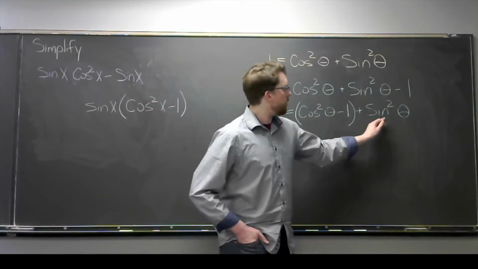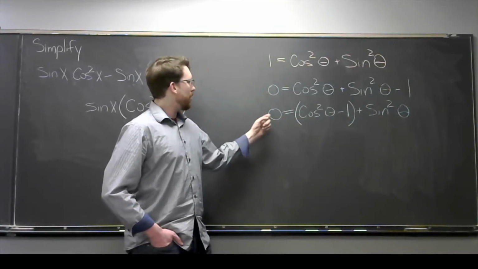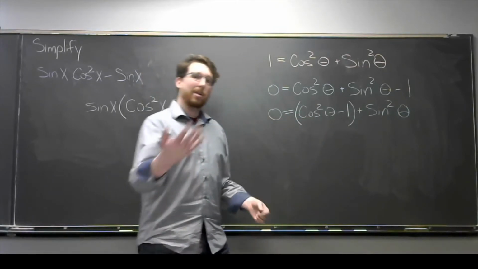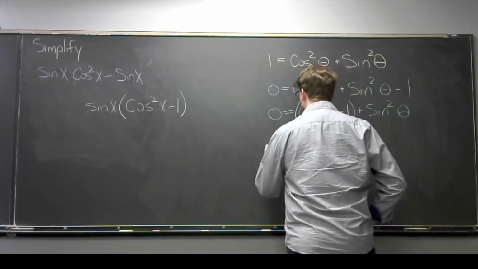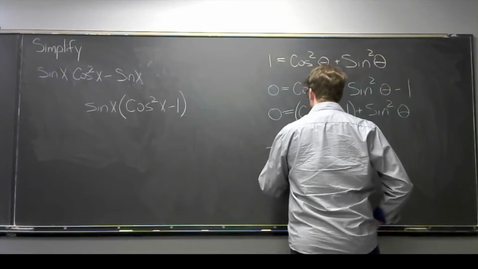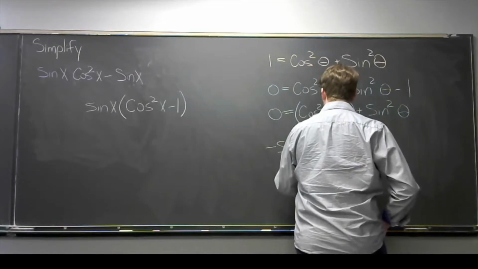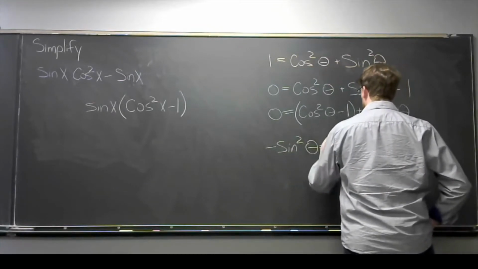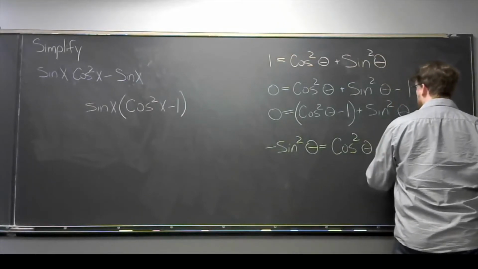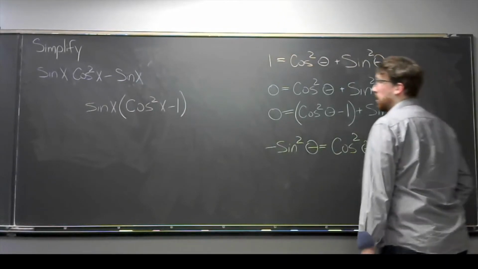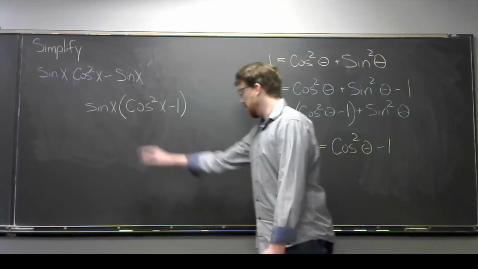Well, why don't we just subtract sine squared from both sides now? Since everything's equal to 0, subtracting sine squared from both sides is going to give us negative sine squared of theta is equal to cosine squared of theta minus 1. Which is exactly what we're trying to solve for.